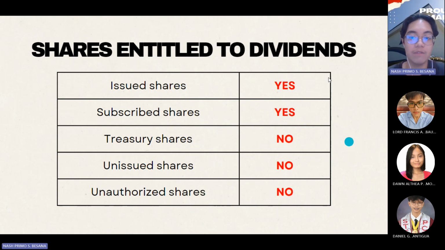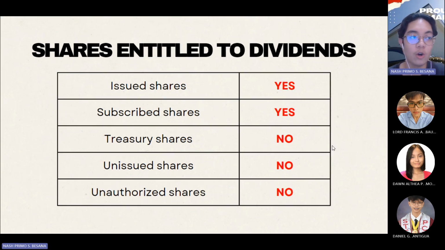Ano nga ba yung mga types of shares na entitled or makaka-receive talaga ng dividends? So, first of all, issued shares. So, ano na naman yan, common fact na yan na issued shares dapat may dividends. Kasi kaya ka nga nag-invest is to receive dividend income. Then second, included din dyan yung subscribed shares.